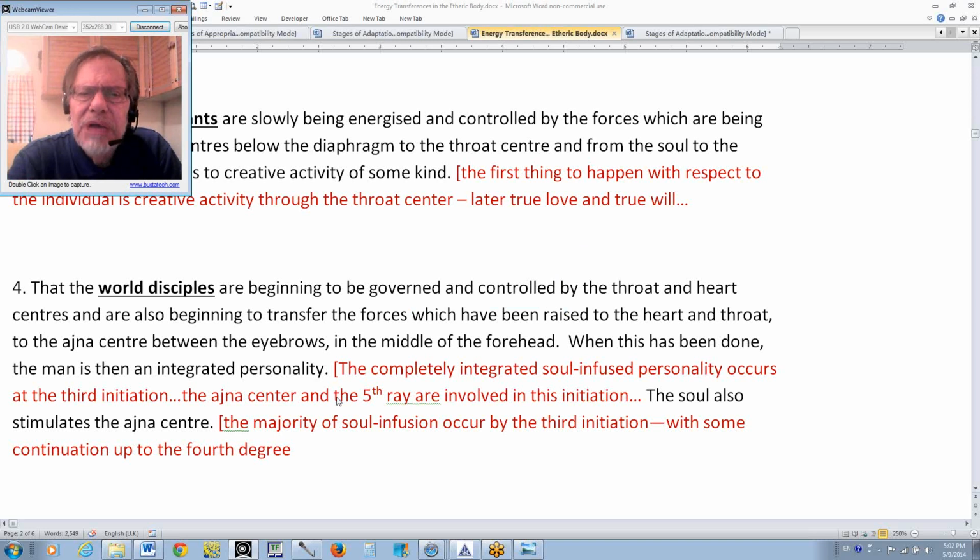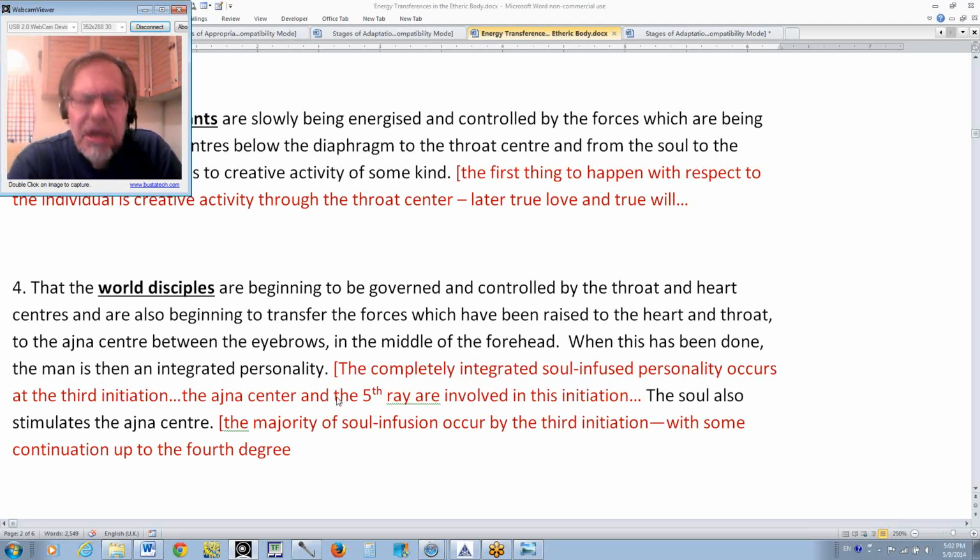So the world disciples are definitely involved in the love tier, and they are involved as well in the sacrifice tier. And when you are becoming a truly integrated personality at the third degree, if that's how far we're going to go here, then all of the petals will be open.